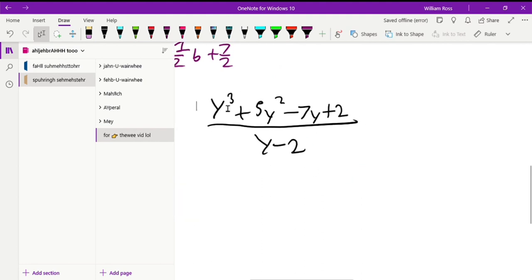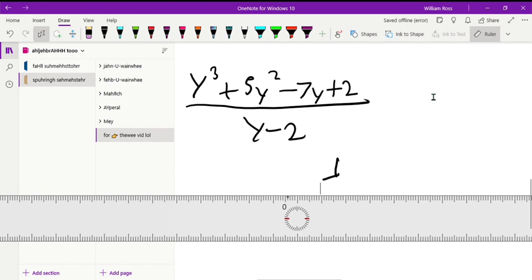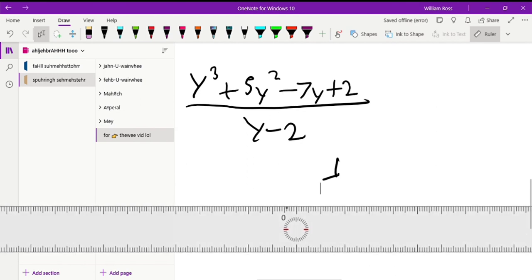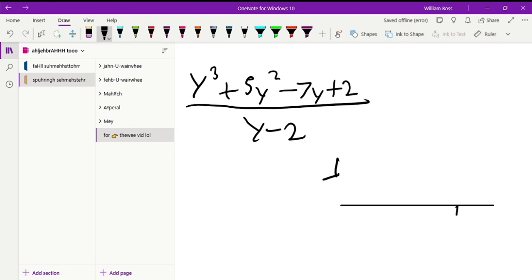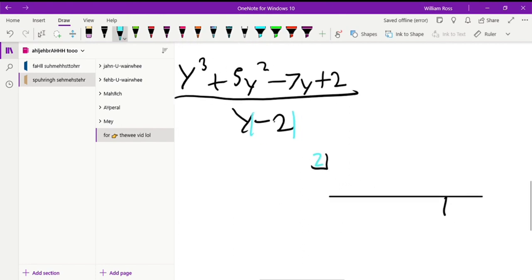Alright, so let's do the setup. Let me just do the ruler. There, that looks better. So the absolute value of negative 2 becomes 2.